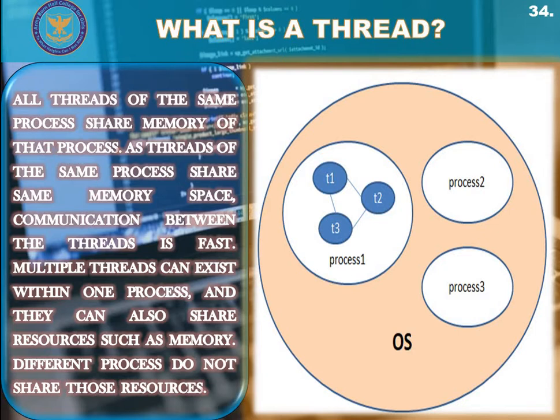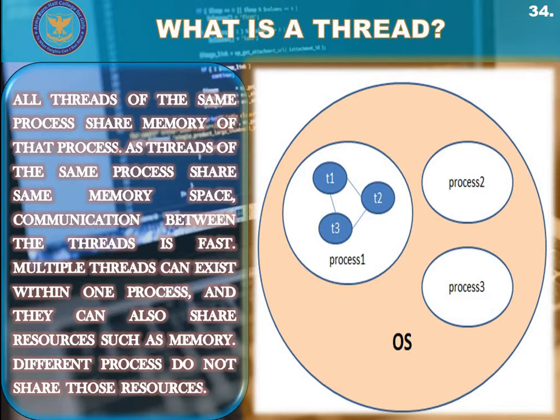At that time, we say that the operating system creates a process and starts the execution of the main thread of that process. The main thing of any software or program is its interface, the window on which you work, the window of that software on which you click certain options or instructions. So the basic thing which starts when you click a software is its interface. So the interface actually creates its first process.